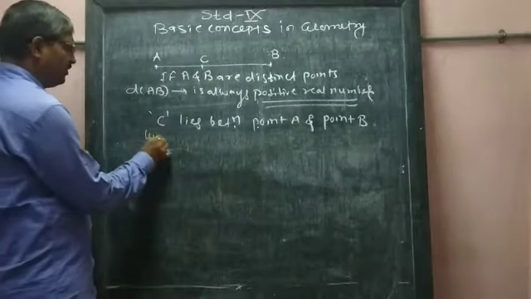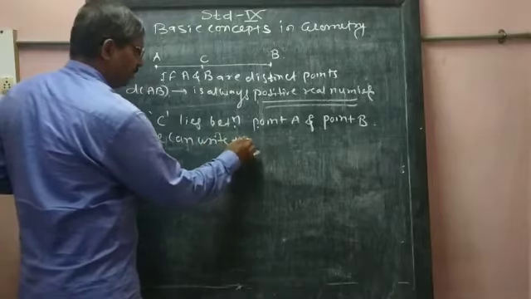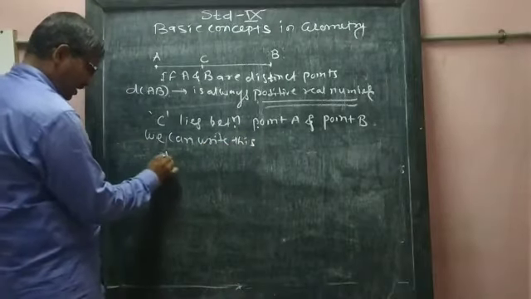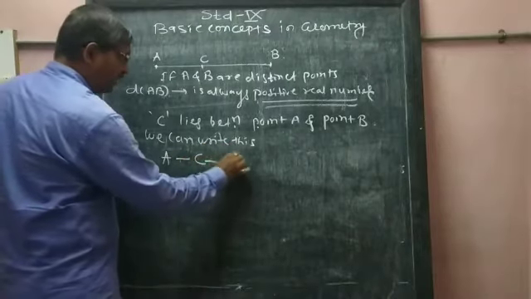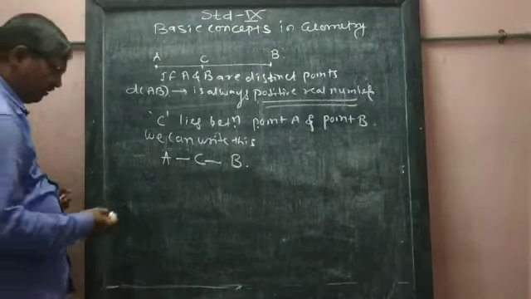We can write this as A-C-B. This is called betweenness.